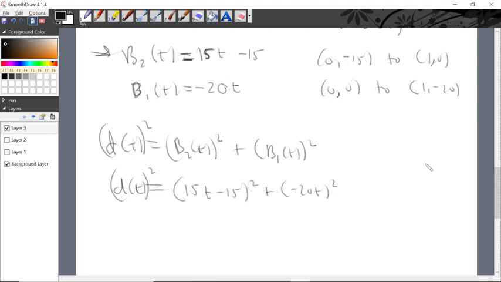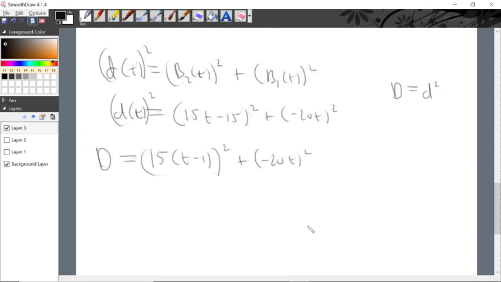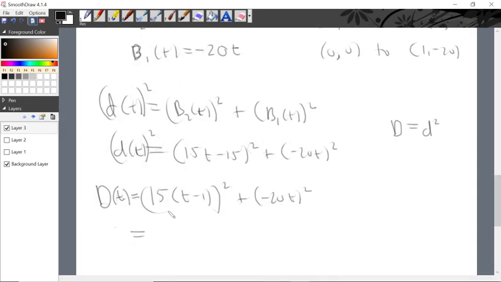We can just call that d, so that we can then minimize the total distance. So d equals this expression: 15 times (t minus 1) quantity squared plus (-20t) squared. So this would be 225 times (t minus 1) squared plus 400t squared.